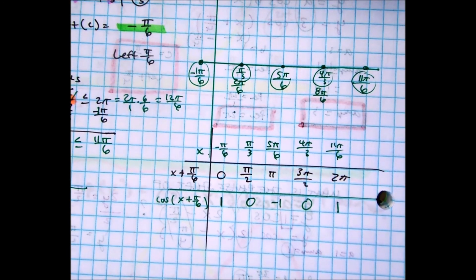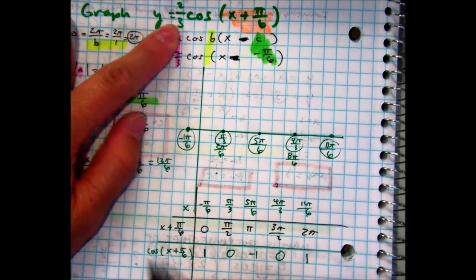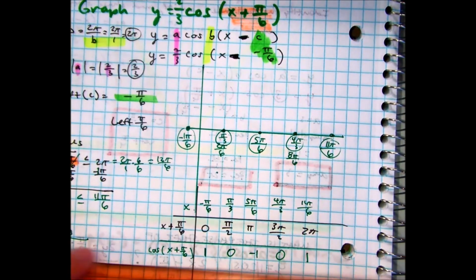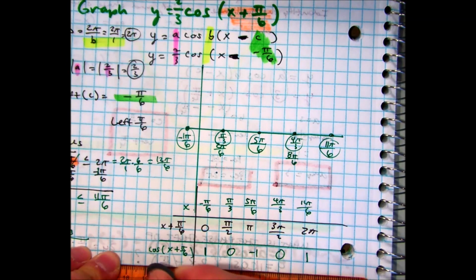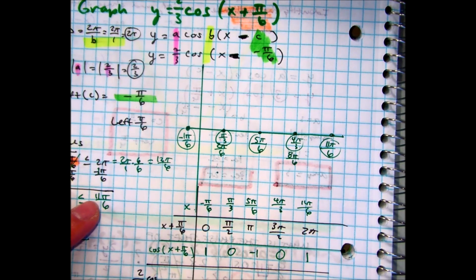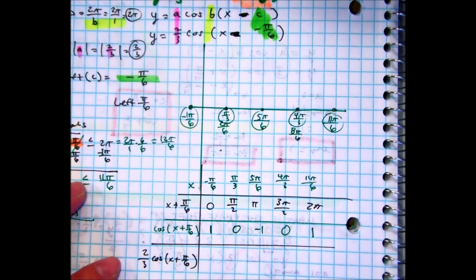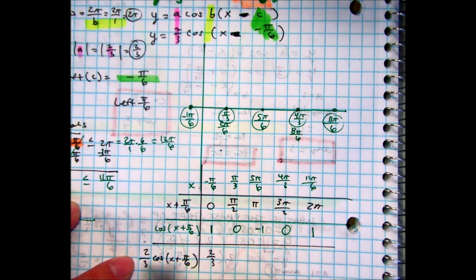And the last thing, we're just going to multiply now by 2/3. Class, what's 2/3 times 1?